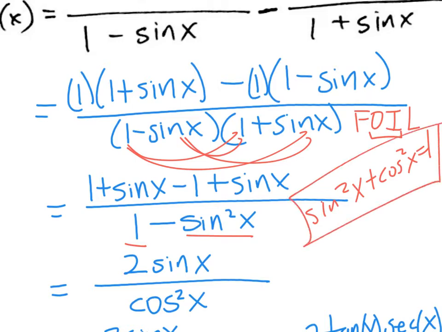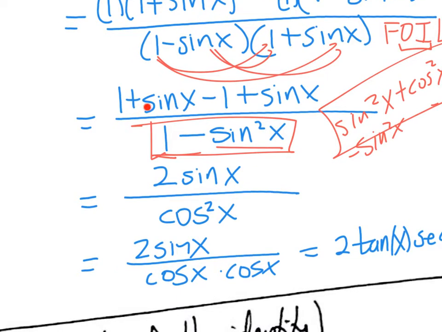This takes many forms, but this is one form of it, right? If we were to subtract sine squared x from both sides, we would learn that 1 minus sine squared x is cosine squared x. So again, most common trig identity right here, and it'll take this form as well, turning this into this.